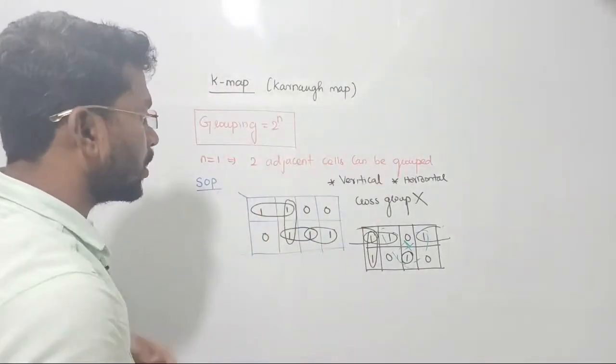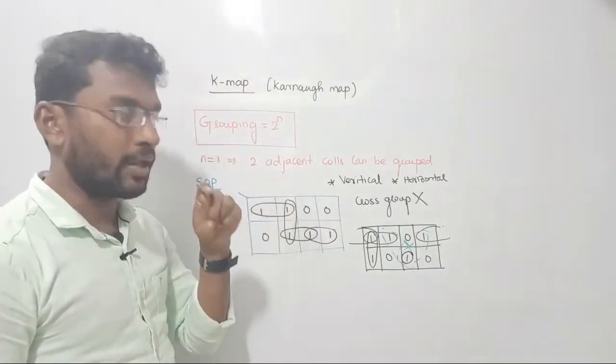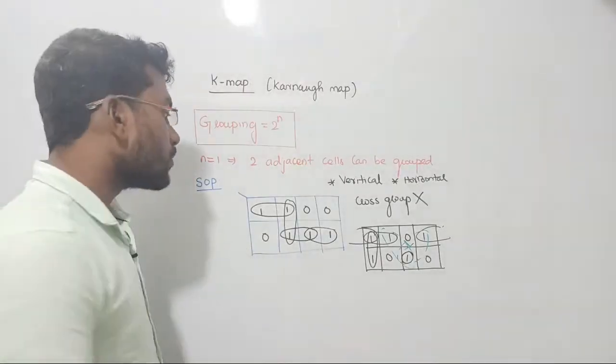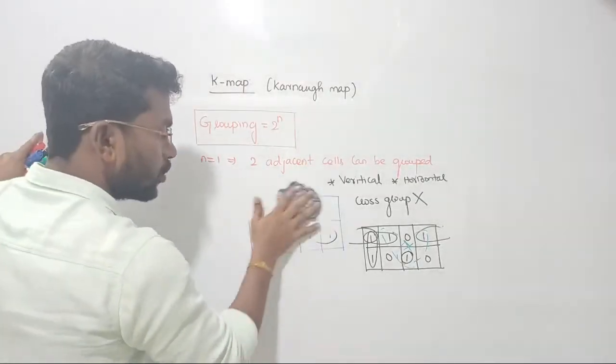We are considering 2 cells grouping, right? So let me raise the n variable. Let us consider n equal to 2.